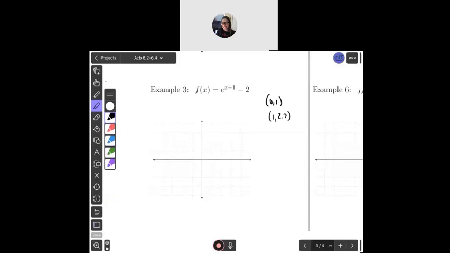So here I'm just looking at f of x equals e to the x. There's my basic function. So this is where 0, 1 is, and then 1, 2.7 should be about there.